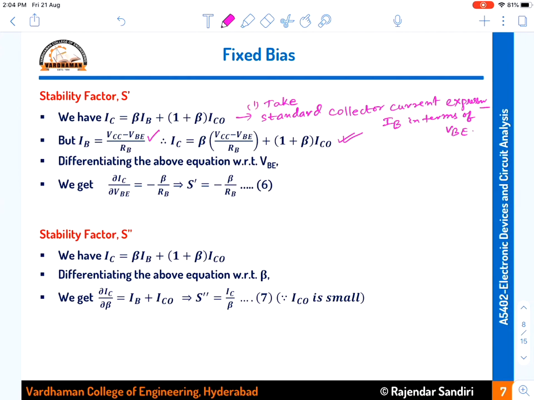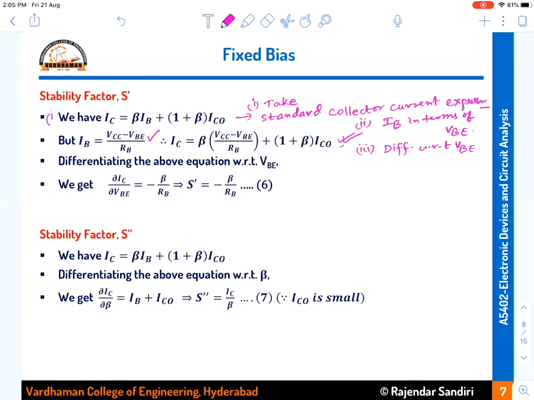Second, you substitute IB in terms of VBE, and then you get this equation. Third, differentiate that equation with respect to VBE. This is the procedure I told you in the last class for deriving S dash: take the standard collector current equation, substitute the IB value in terms of VBE, then differentiate that equation with respect to VBE. Now we are following the same steps.